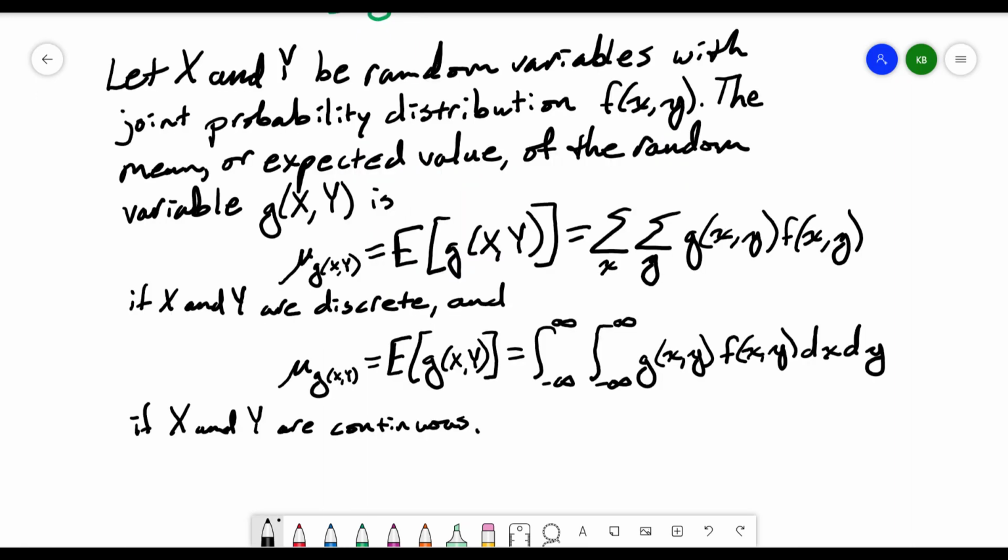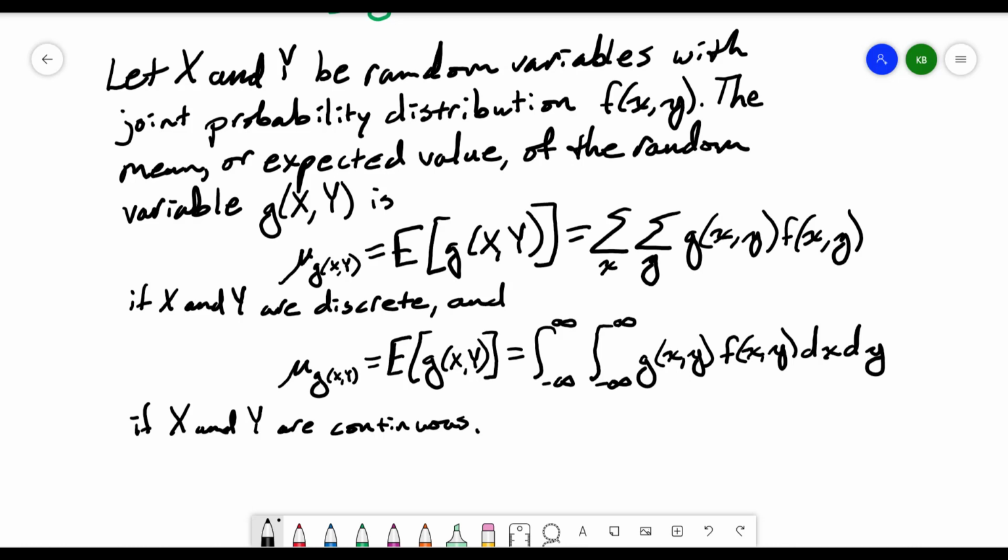And our idea of finding an expected value, or a mean, isn't limited to just a single random variable. We can actually work with joint probability distributions, f of x, y, to find the expected value of a random variable that's dependent on two random variables, so g of x, y.